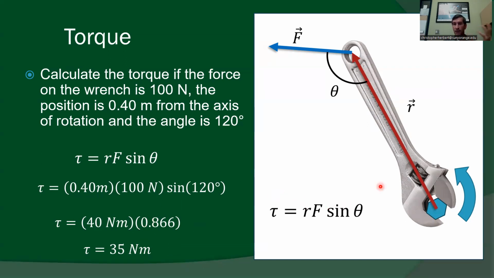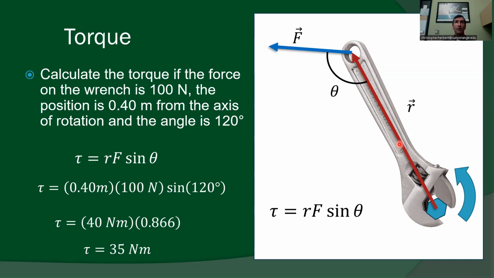Now, this is just a very simple adjustable wrench. It's adjustable so it can go on different types of bolts. But there are actually specialized wrenches called torque wrenches, which will tell you how much torque is being placed on a bolt. Let's say, for instance, I'm tightening something that's very sensitive. Maybe I'm putting a spark plug in.